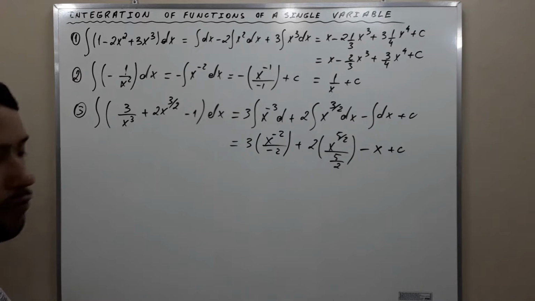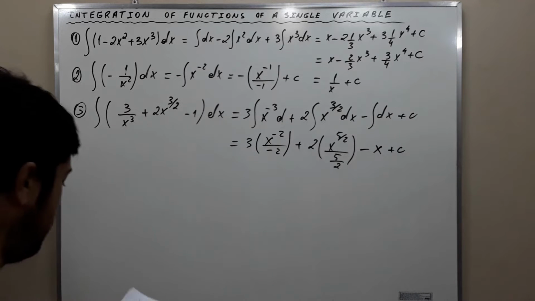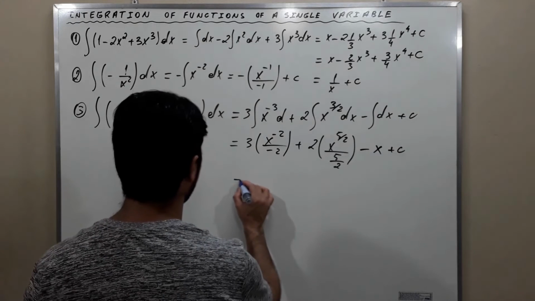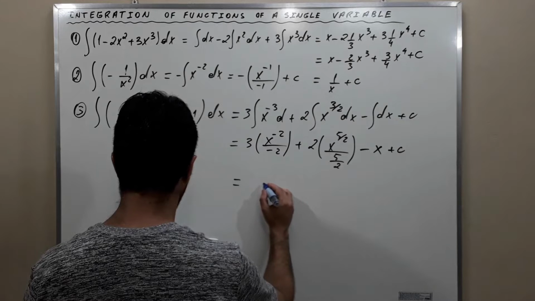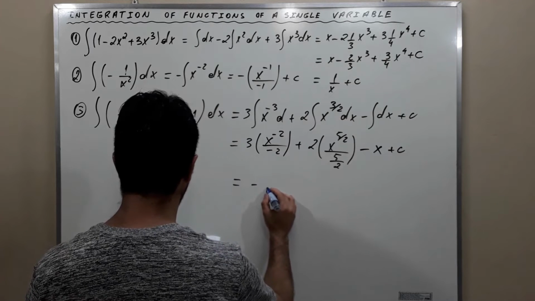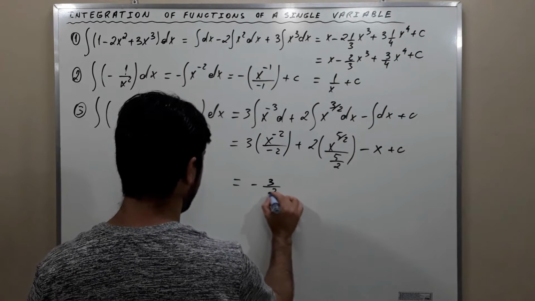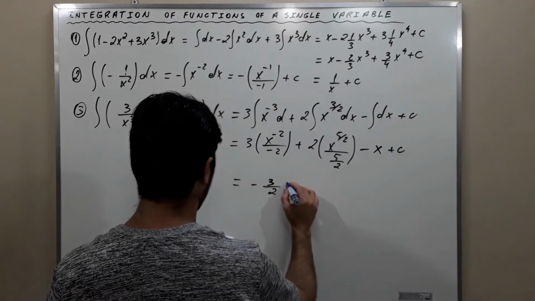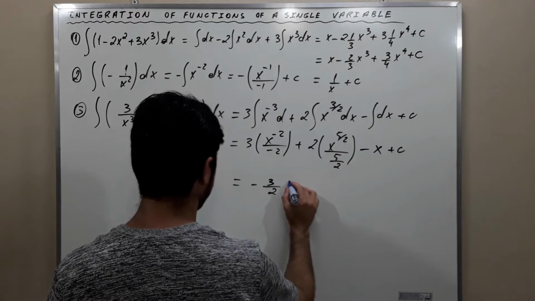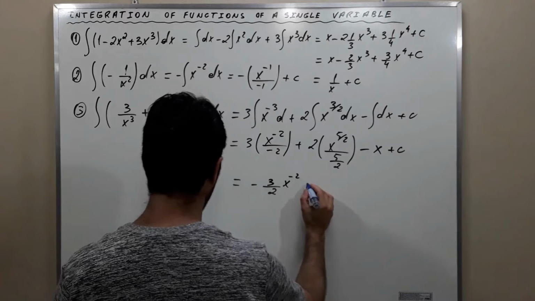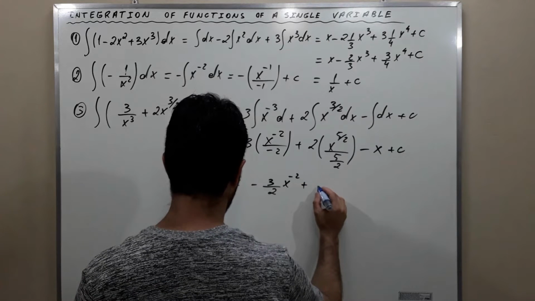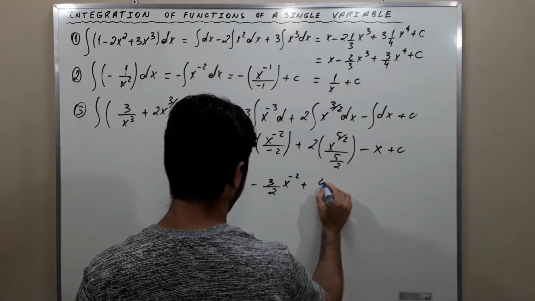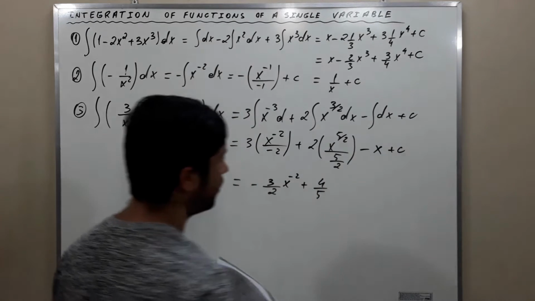And if we simplify it a little bit more, we get that this is equal to the negative of 3 halves of x to the negative 2 plus 4 over 5.